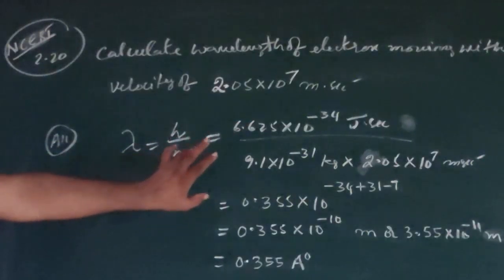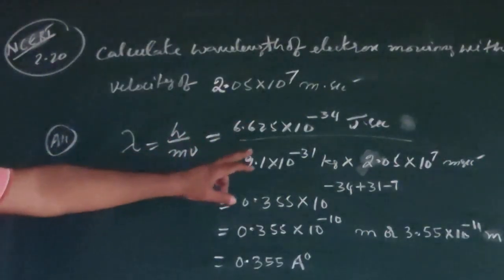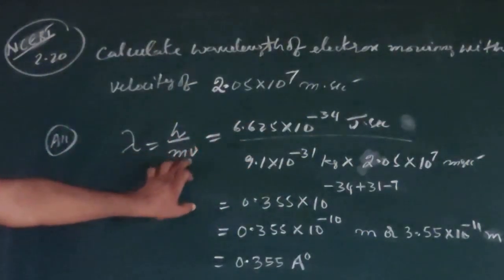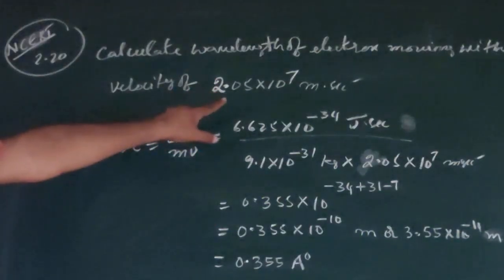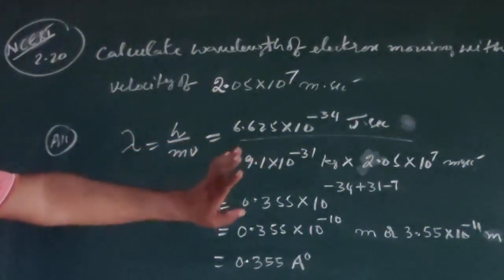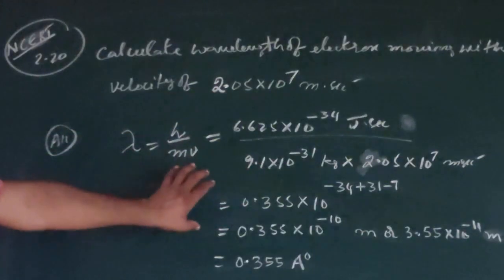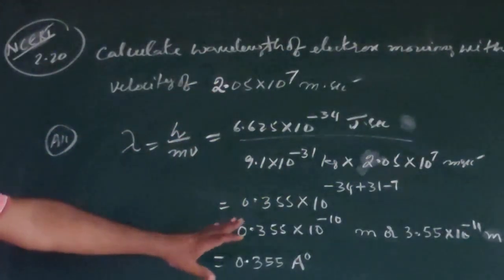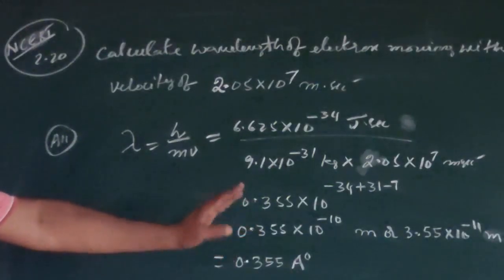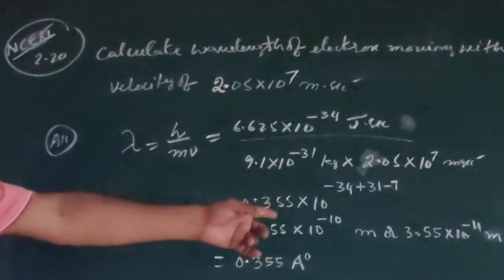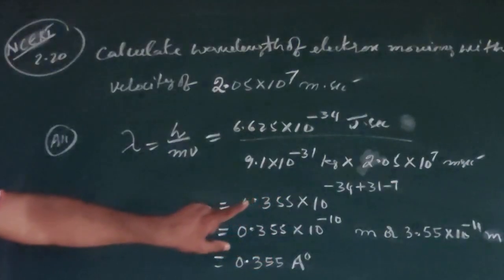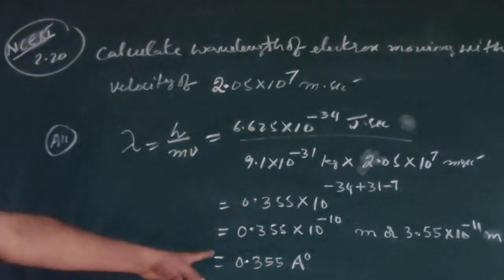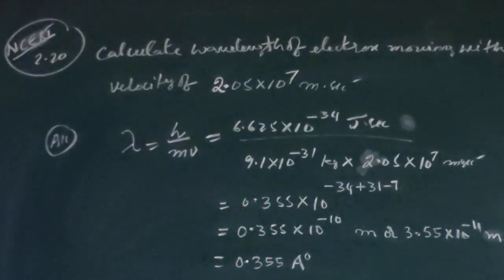Mass of electron in kg is 9.1 into 10 power minus 31. Velocity given is 2.05 into 10 power 7 meters per second. After calculation we get 0.355 into 10 power minus 10 meters, or 3.55 into 10 power minus 11 meters, or 0.355 angstroms.